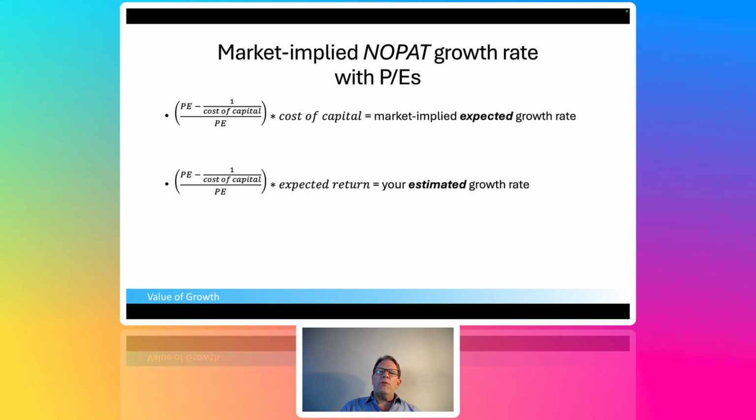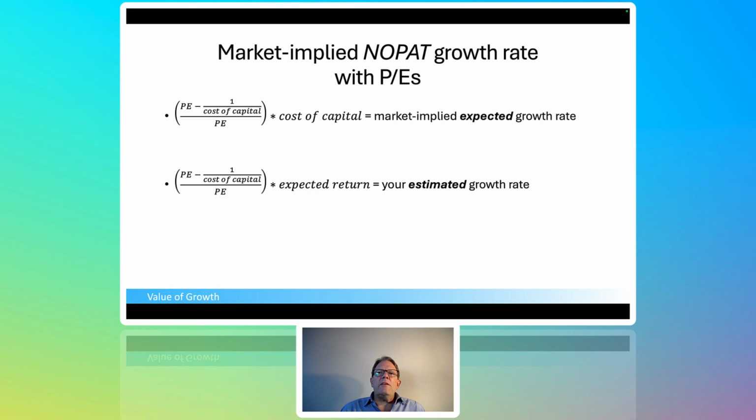I'm going to walk you through it because at first glance they look confusing, but in reality they're trivial. Top equation says that a PE, the current PE, now I think you got to look at a cleaned up PE, clean up those earnings, minus 1 over the cost of capital divided by the PE, that's the first part of the equation. We'll come to the second part in a minute.